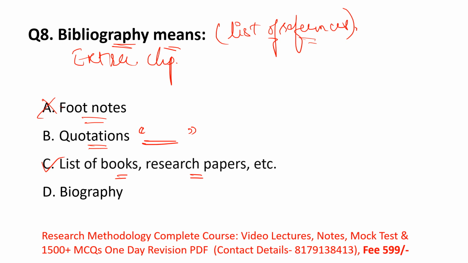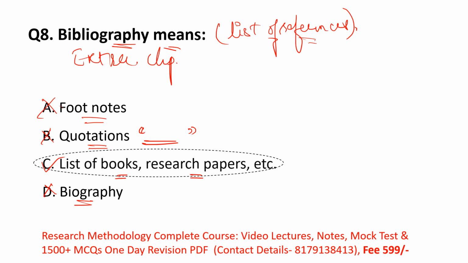So quotations are not that reference; the work the researcher did is not mentioned in quotations. So option B is also incorrect. And option D, biography. As you all know, a biography is usually a written history of a person's life. So option D is also incorrect. For this question, option C is the right answer.